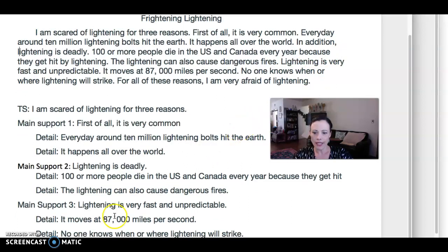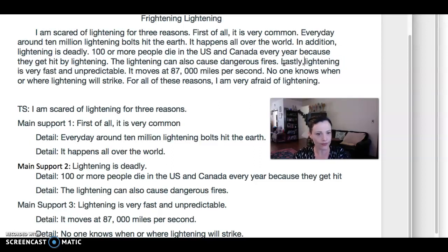And then finally, lightning is fast and unpredictable. That's my third one. So I'll make a small L, and I'll say finally, or I could say lastly. Okay? So I hope that makes you feel a little bit more clear about the organization of a paragraph and where to put your transitions for main supports.